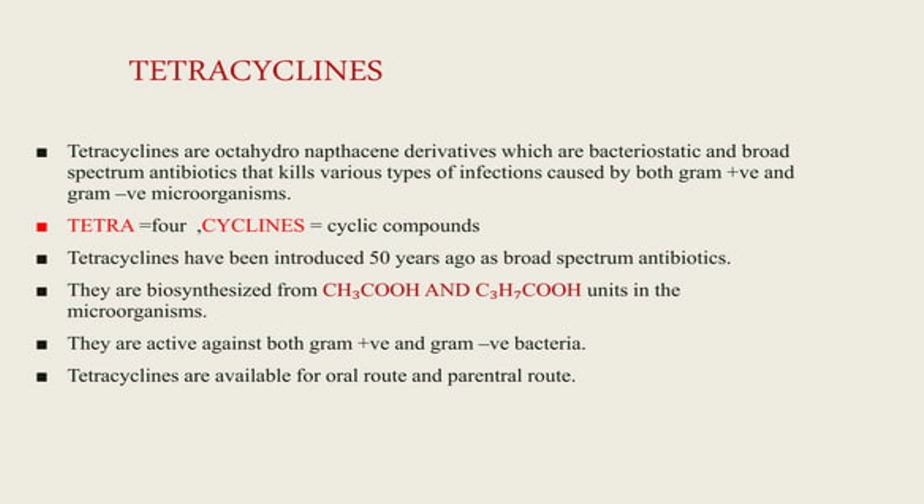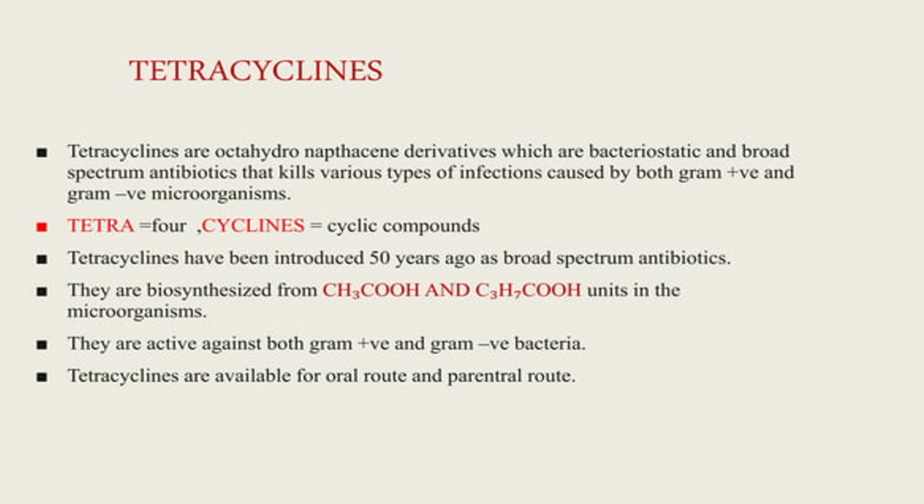Broad spectrum means it will show action against gram positive as well as gram negative microorganisms. Now the word tetra means 4 and cyclines means cyclic compound. This particular class was introduced 50 years ago as a broad spectrum antibiotic into the treatment.